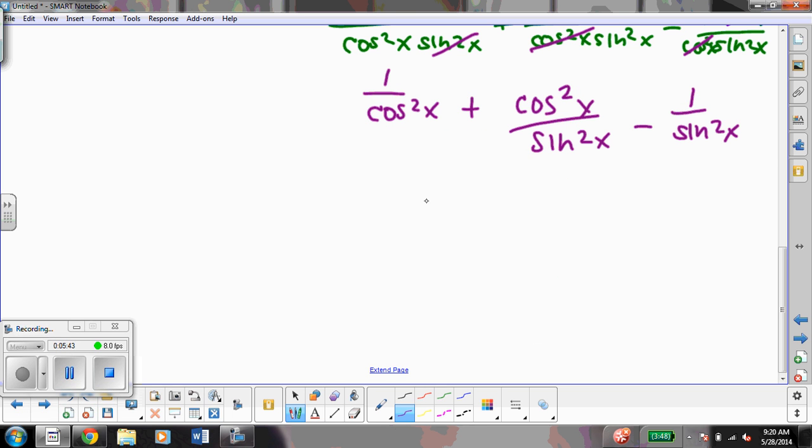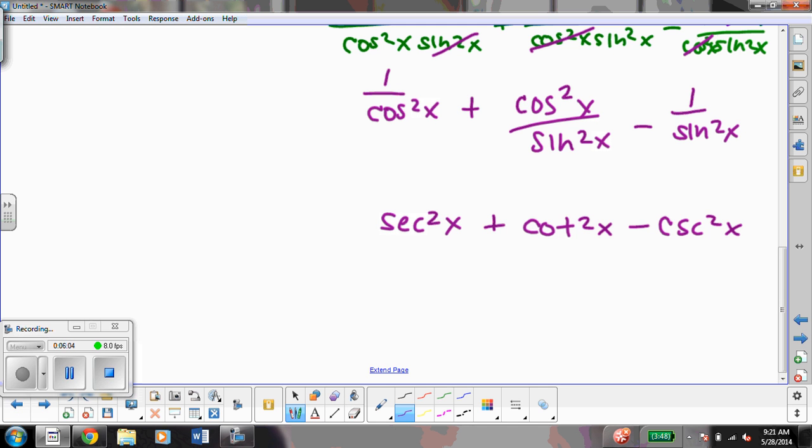So if I simplify these, I have the secant squared plus the cotangent squared minus cosecant squared.